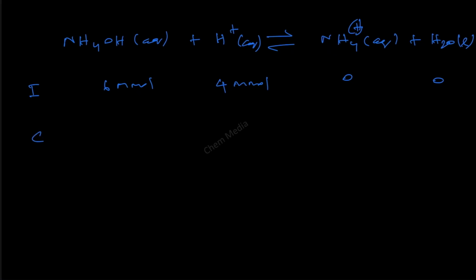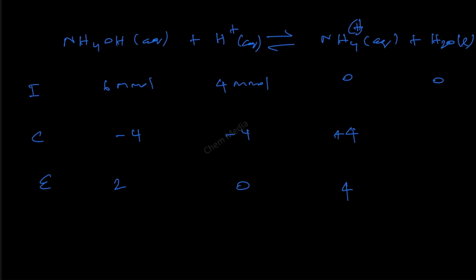The change is minus 4 millimoles, and here also minus 4 millimoles. Therefore here it would be plus 4 millimoles. So at equilibrium we would have 2 millimoles of ammonium hydroxide remaining, H plus will be 0, and here it would be 4 millimoles.